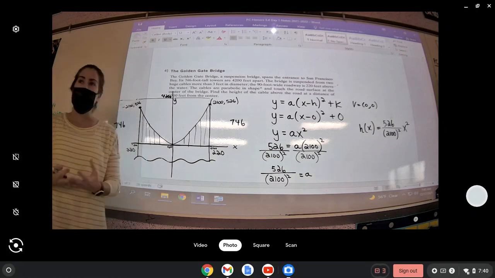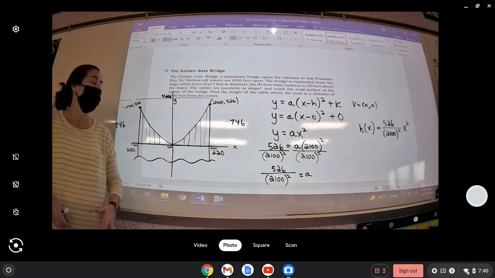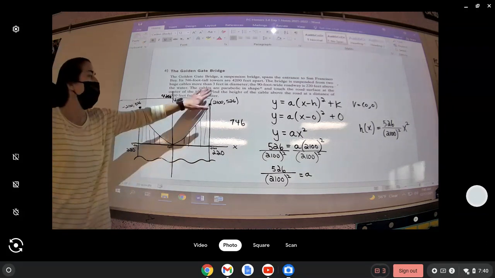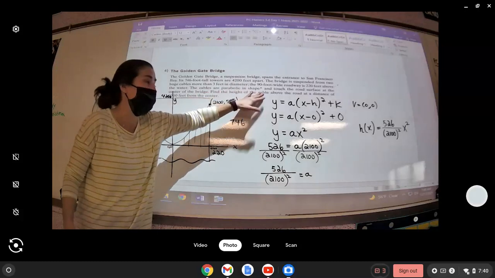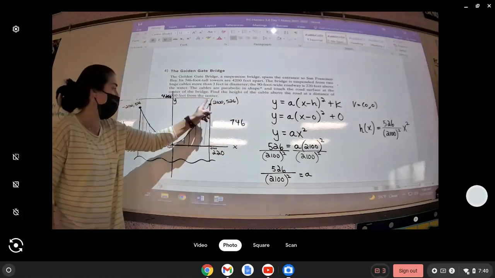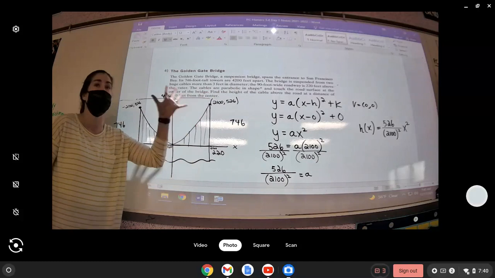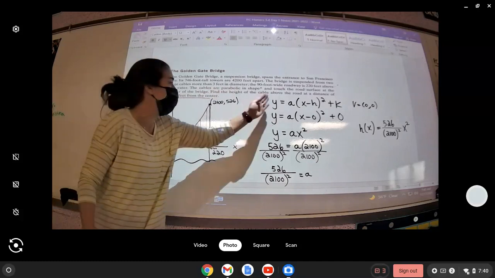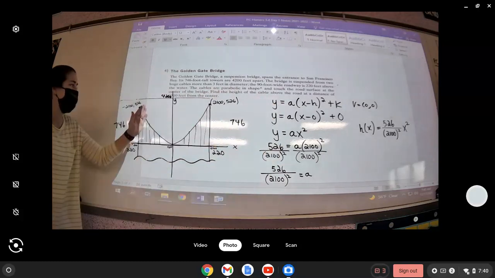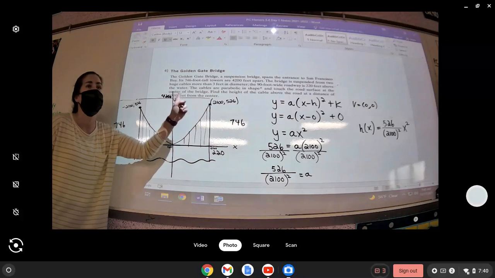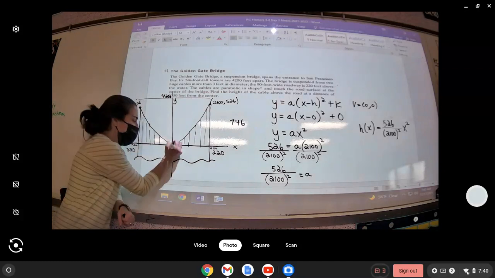Okay, so at the end of the day, what did the question ask you to find? It said, find the height of the cable above the road. So here's your cable, and then here's your road. So the height above the road is exactly where it lands on that parabola. Find the height of the cable above the road at a distance 1,000 feet from the center. Guys, here's your center.